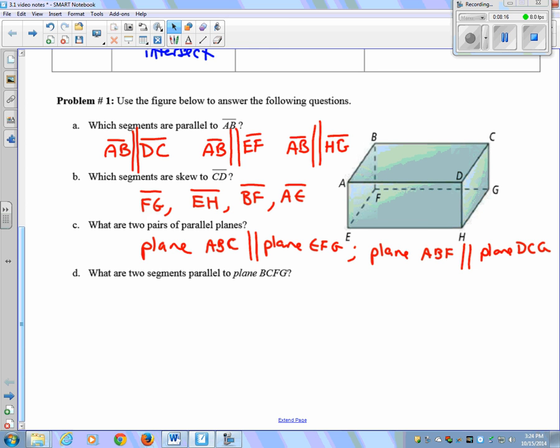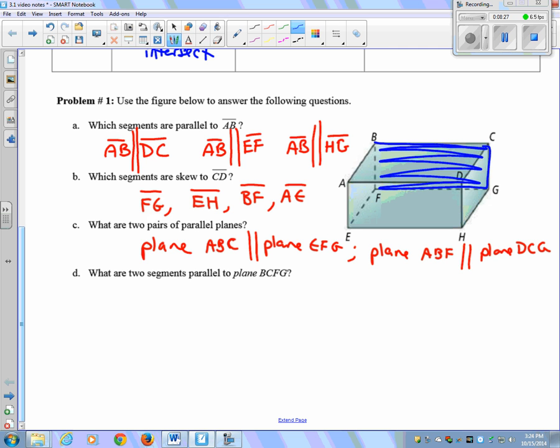What 2 segments are parallel to plane BCFG? So BCFG is the back here, this whole back piece. That's the plane we're talking about. We need lines that are parallel to that.